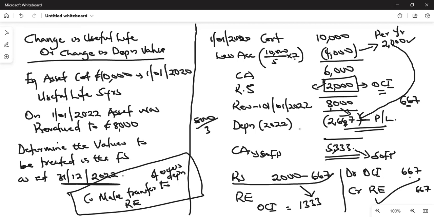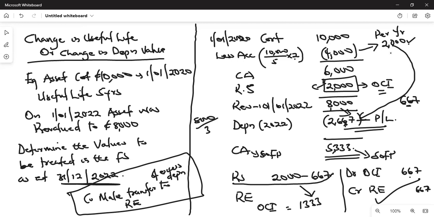And so therefore, the first depreciation for this 2020 and 2021 was 2,000. Each year we have a depreciation of 2,000. Okay, when we go to 2022, we revalue the asset. Exactly.